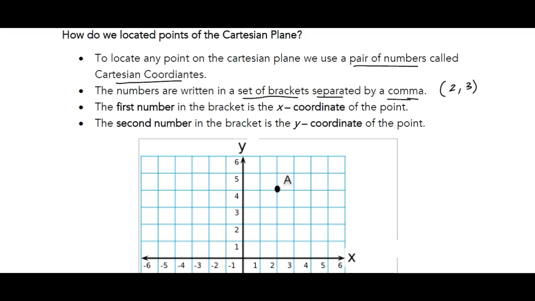We can call this a Cartesian coordinate. The first number in the bracket is the x coordinate of the point. The second number in the bracket is the y coordinate of the point. So if we consider this particular Cartesian coordinate, then the 2 would be the x coordinate of the point and 3 would be the y coordinate of the point.